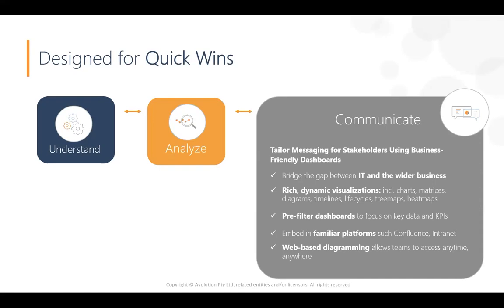So dashboards consisting of various types of charts and graphs, timelines, heat maps, and conventional diagrams and catalogs can be thoughtfully assembled to provide stakeholders with the domain-specific and focused information they need.